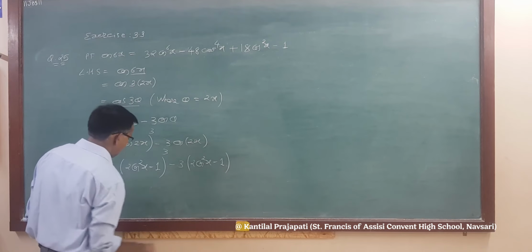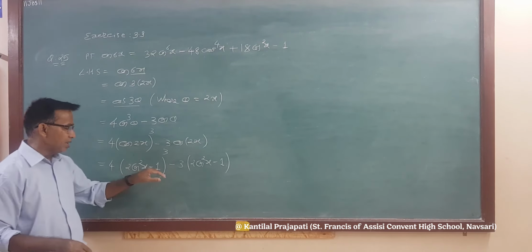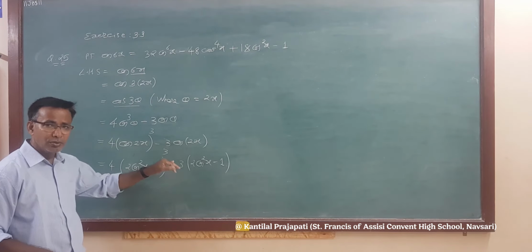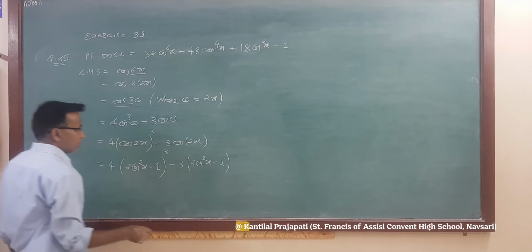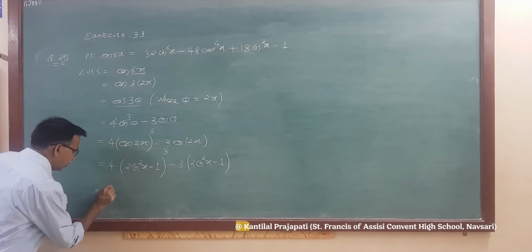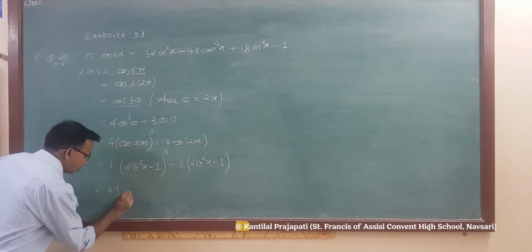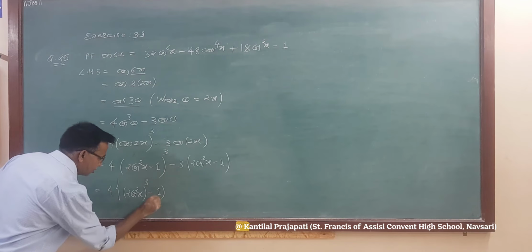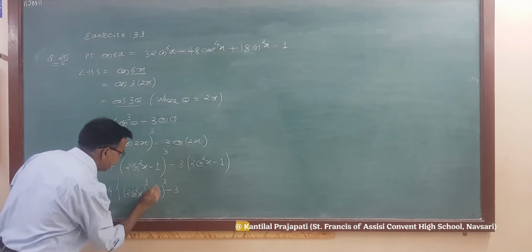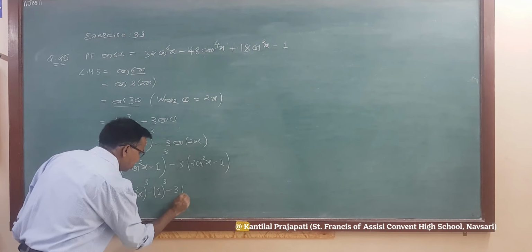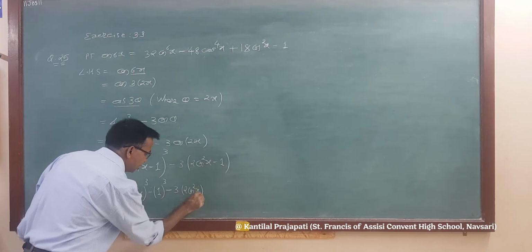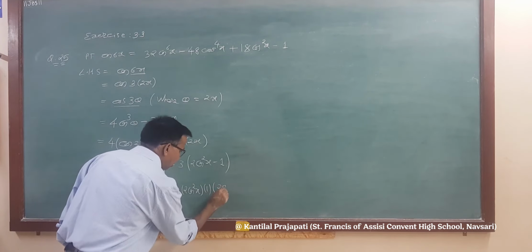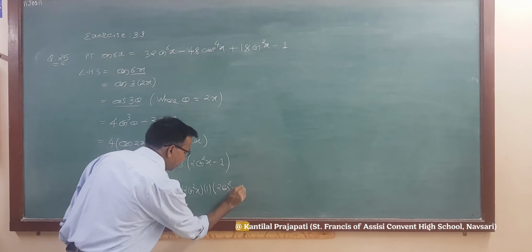Now the expansion of (a minus b) whole cube. What is it? a cube minus b cube minus 3ab into (a minus b). Remember this. So we write the expansion of this: 4 into bracket, first term cubed (2 cos square x) cube, minus 1 cube, minus 3ab, that is 3 into 2 cos square x into 1, into bracket (a minus b), that is 2 cos square x minus 1.